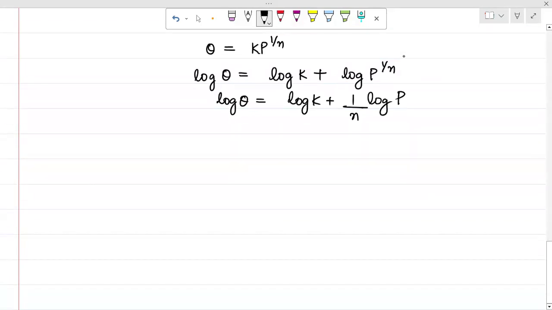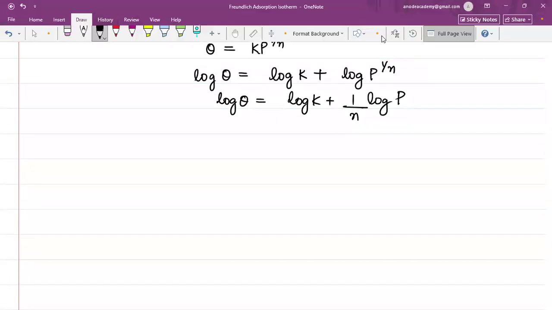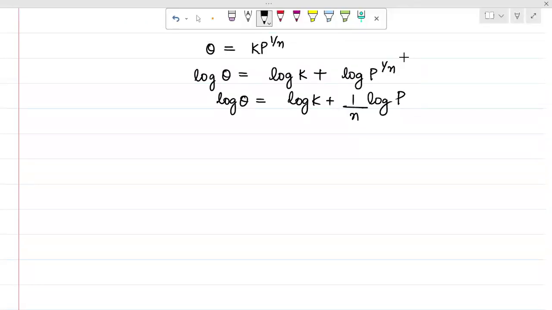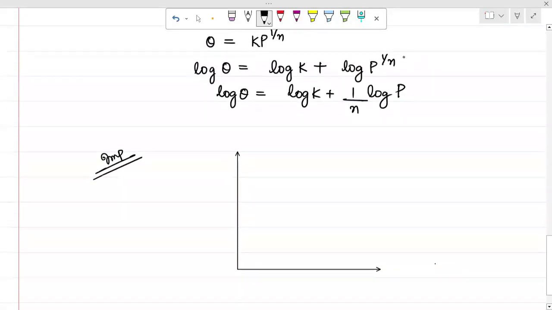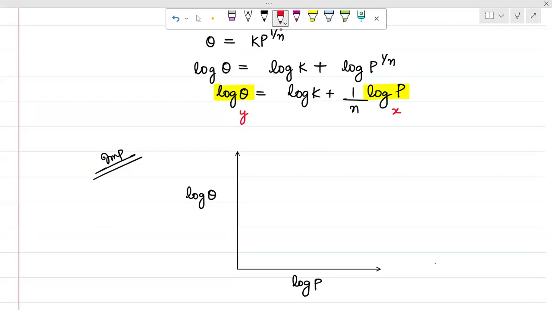Very easy. Now, let's plot a graph. Mark this graph as important. Let's say we want to plot between log theta and log p. So log theta versus log p, this is our y-axis, this is our x-axis, and the whole equation is of the form y is equal to mx plus c.